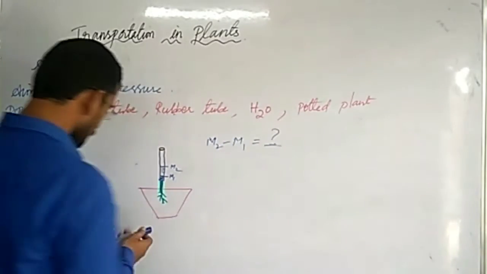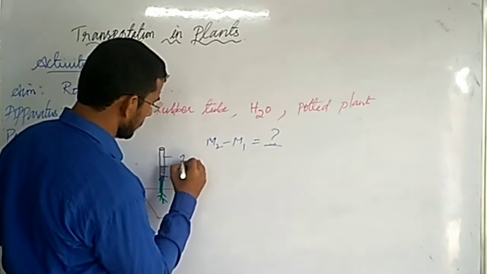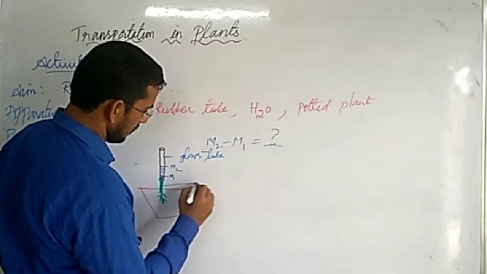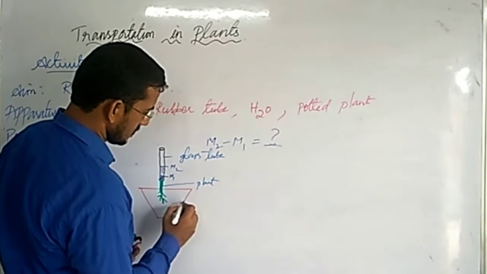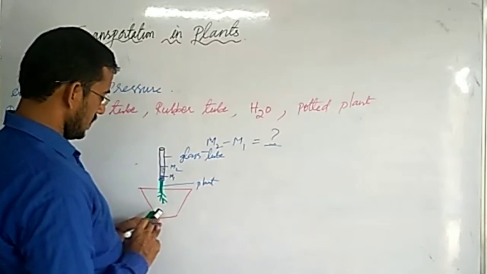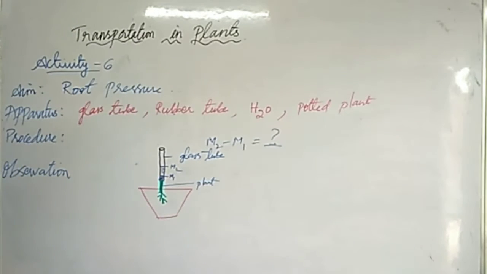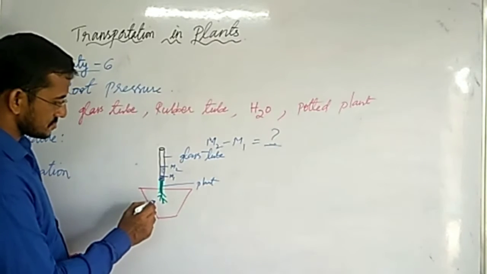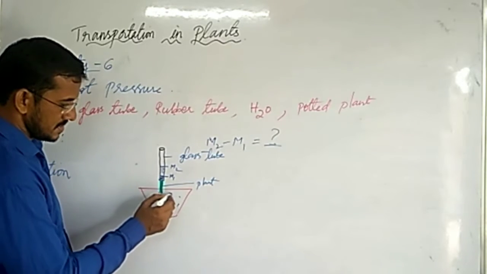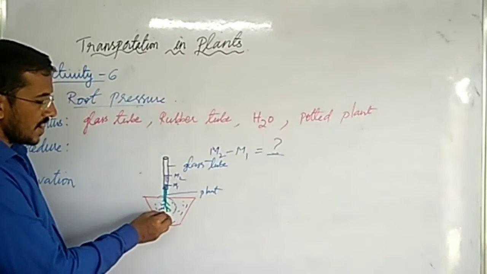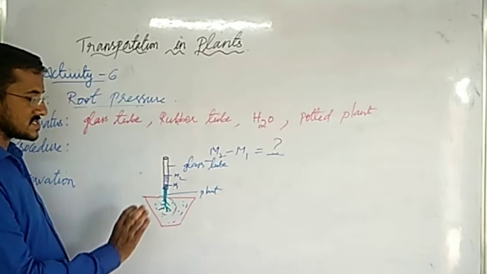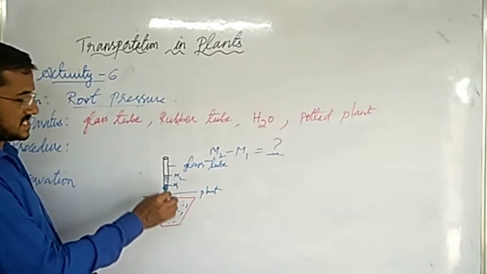Understood? So let us label: this is the glass tube, this is the plant. Now, we know that water is present in a potted plant. Water from the pot enters into the root hairs due to osmosis, and enters into the xylem of the root.